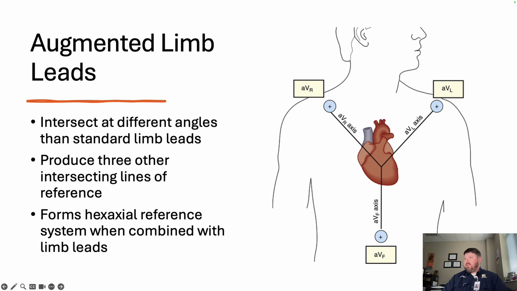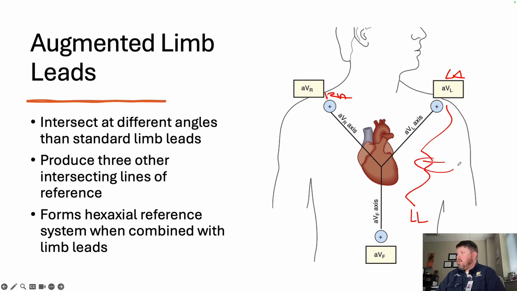So typically what would happen is that if I've got my left leg, my right arm, and my left arm, the negative for AVR would actually be a combination of my left leg and my left arm.